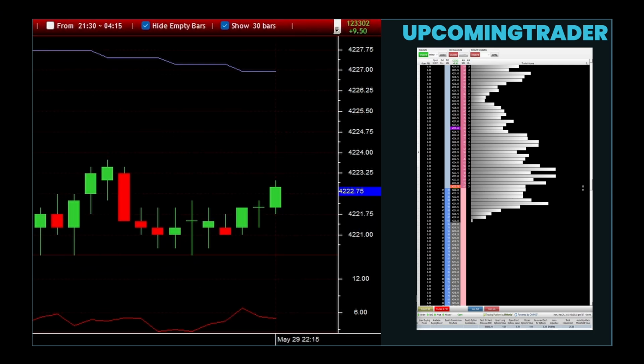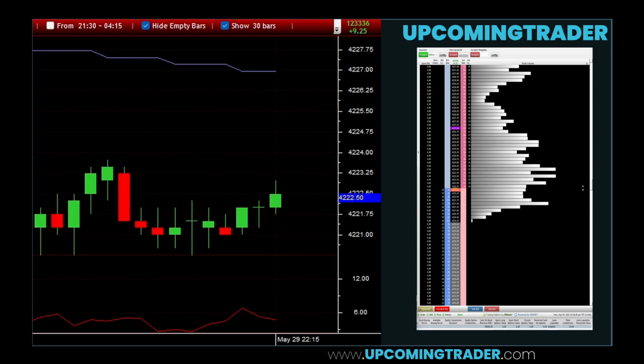Another valuable pattern that traders should understand is the single print profile, also referred to as an area of price rejection. Single prints occur when price moves quickly through a level, creating minimal TPOs at that price.